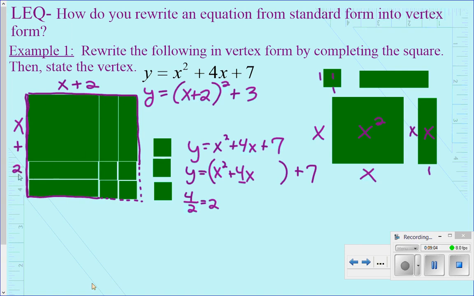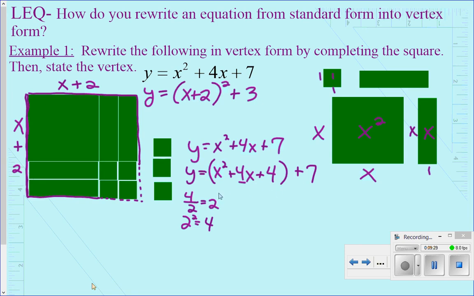So 2 squared gives me 4. So after we divide the b value by 2, we square that number. And 4 is what I add inside the parentheses. And me adding that 4 completes the square. Now I have this perfect square trinomial.